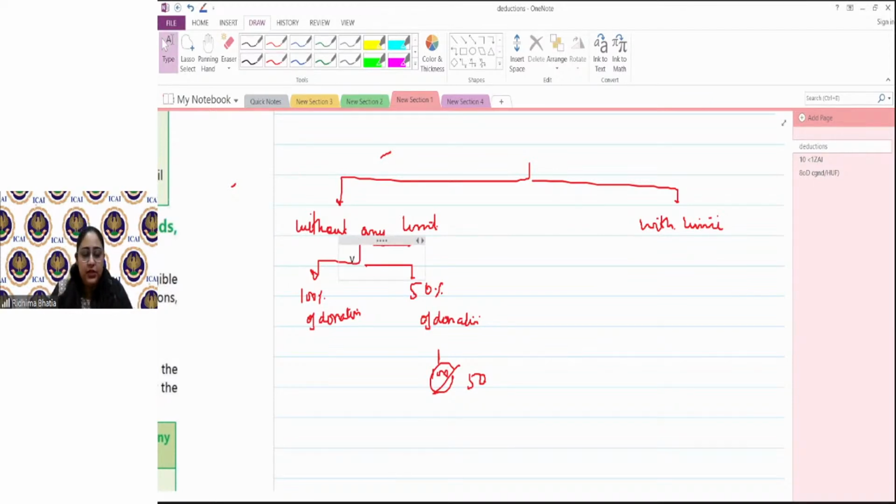So if I have donated 2 lakh rupees, I can claim donation of 2 lakh rupees in the first category. If my donation is in the first category, that would depend upon the donee. That is, whom I am donating to, basis that this limit would be decided.